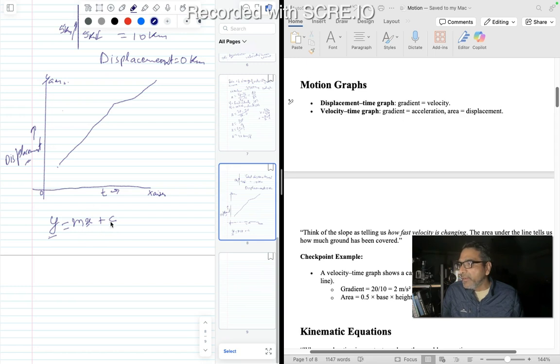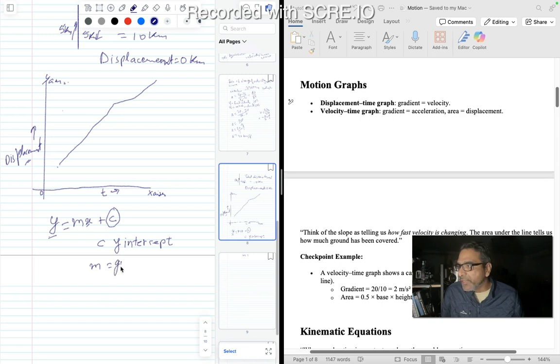And here, C is the y-intercept, right? M is, you remember what M is? Okay, no worries.